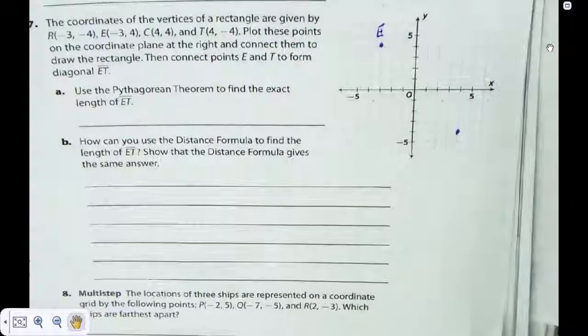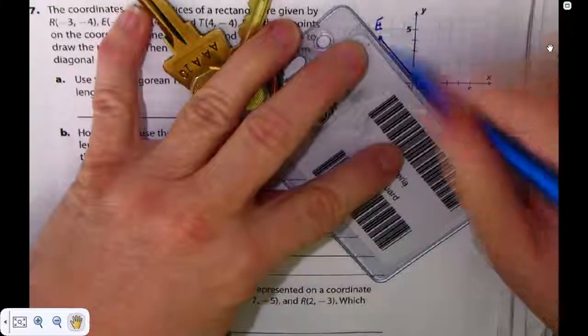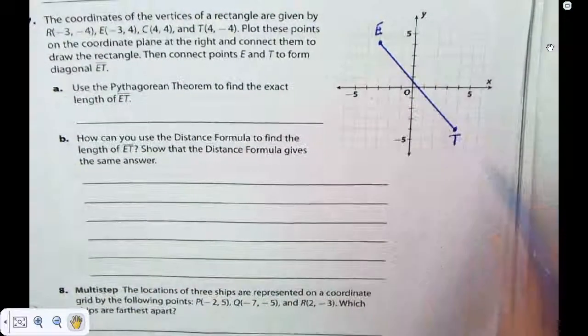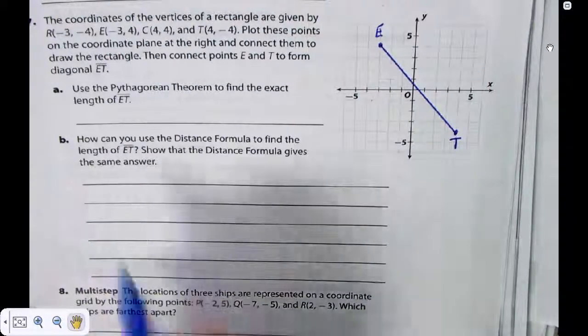So, guys, if they gave you these 2 points on the grid, and they said, find the distance between them. This might be what they do. They give you 2 points. Well, first of all, you draw a line. You draw your line. Oh, this is T. They want the distance. They want the exact length of ET.